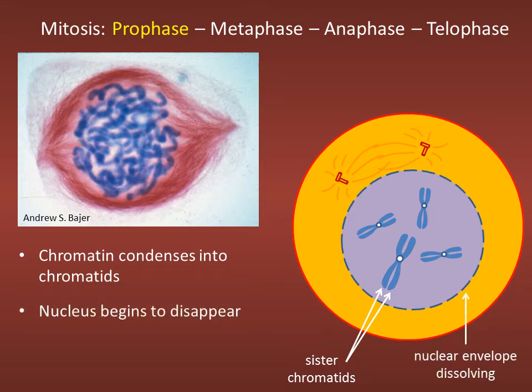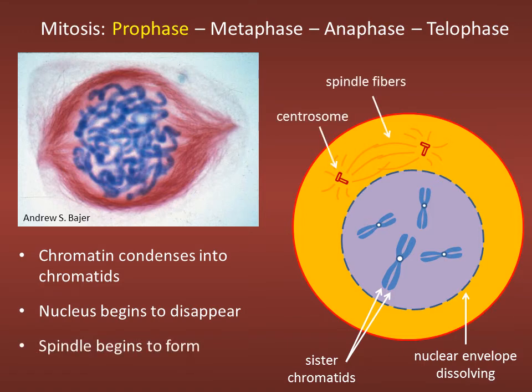We also see that the nuclear envelope is dissolving. That nucleus must go away in order to separate the chromosomes from each other. And we also see the beginning of the spindle formation. The centrosomes will organize and start to grow their spindle fibers, reaching out to each other.